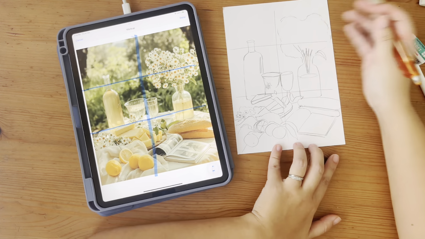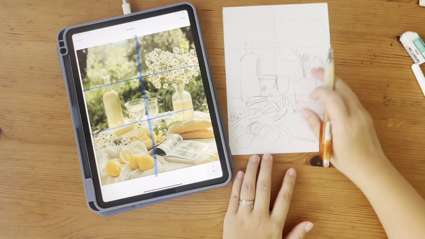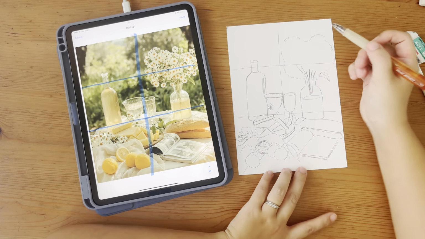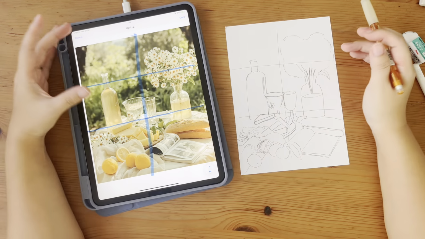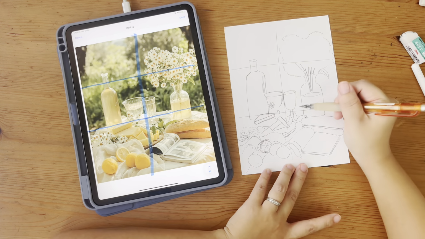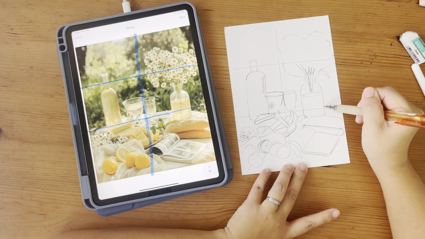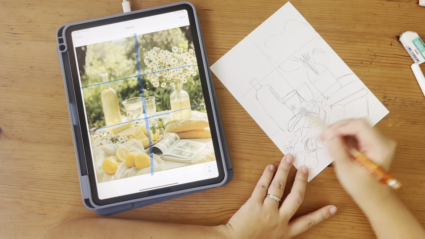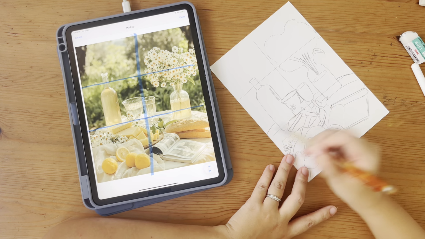Yeah. So we have already captured all the elements in this image over here. If you want to, you can continue to mark out the background, which is where the table is. It's a circular table. And all the way around.